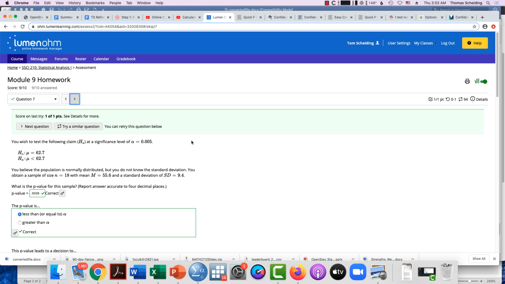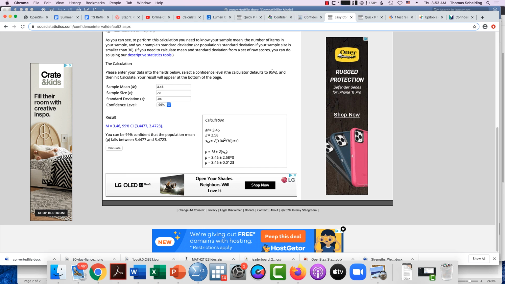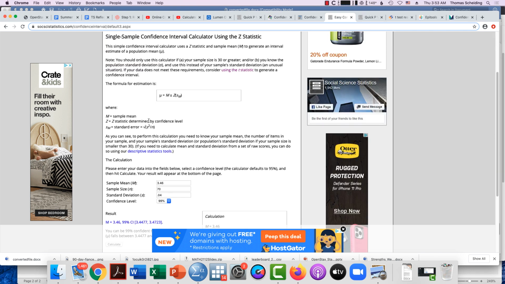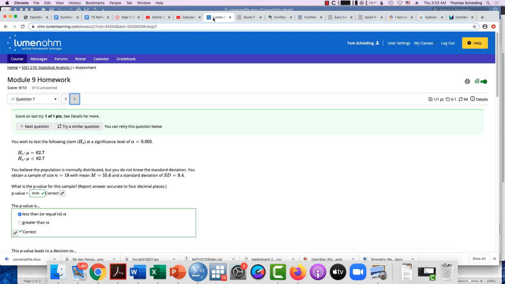So I need the single sample confidence interval. And again, there are calculators out there, which is what I just used right here. You're basically doing a one sample t-test here.